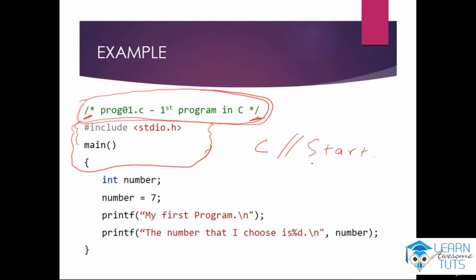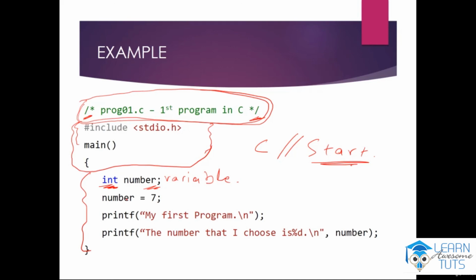It has to do with the fact that we will use our main function in this program. Actually, this is our program, and this means that we will use a variable that will have integer values.